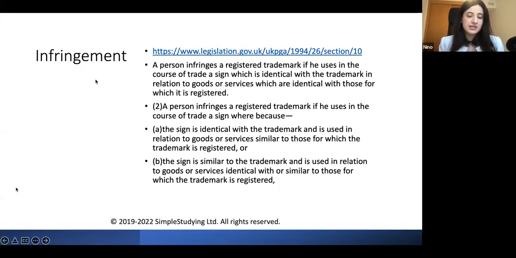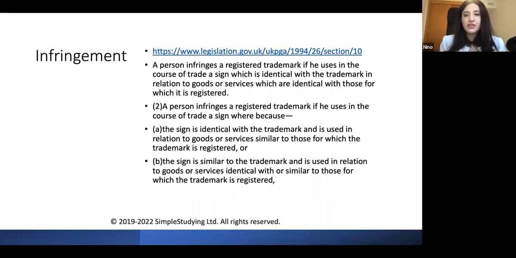Also, infringement is an important area of law. You need to know about trademarks, because a problem question can be either about registration of a trademark or about infringement. Usually it's either of the two, but it can be both in the same problem question.